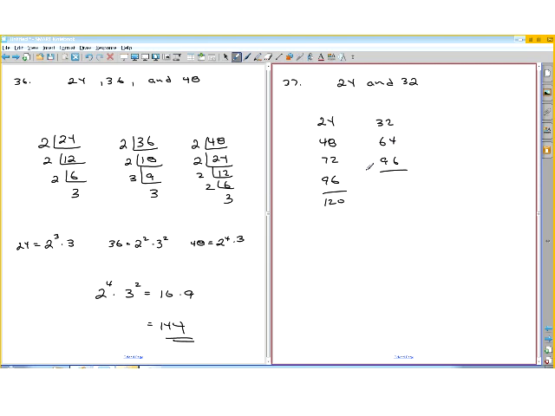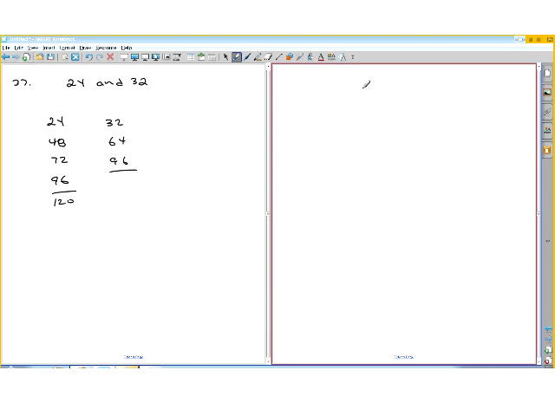Anyway, let's look for finding the least common multiple by dividing by the prime factors method. Okay. So let's just add another page here so we can write the two numbers in a row. 24, 32. Divide each of the numbers by a common prime factor. So divide by 2.